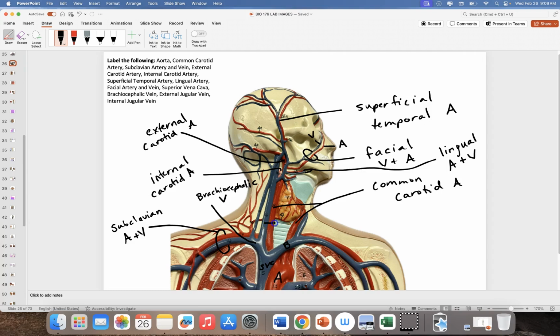I'll draw a line over here for our internal jugular vein. And then on the other side over here, I will sneak this line over to here, and that's going to be our external jugular vein.